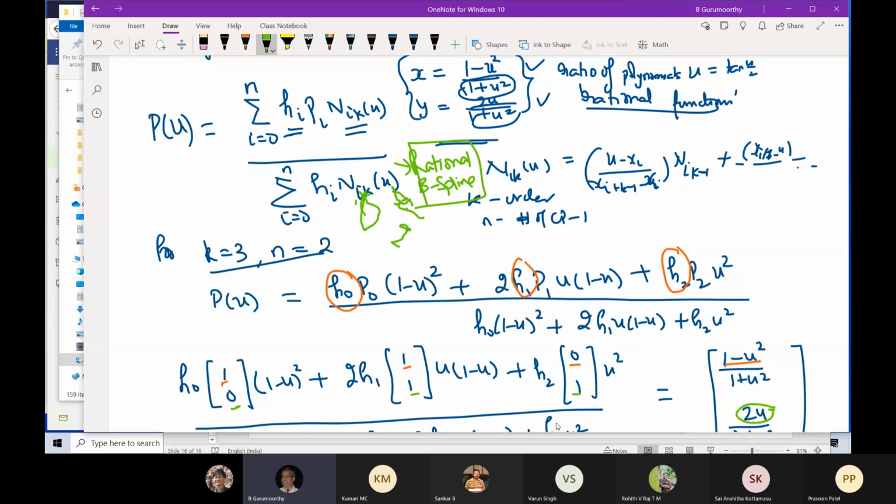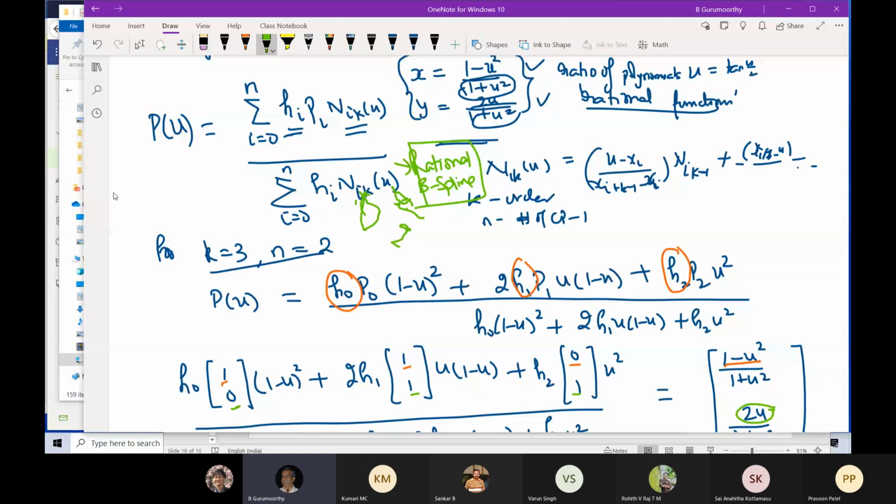Now remember, this is a new curve that I have defined, a rational B-spline, which has this form here, where the only addition from a regular spline is that my definition of the curve is somewhat different. Basis functions are the same, and I only have an additional parameter, hi, corresponding to every control point that I define.